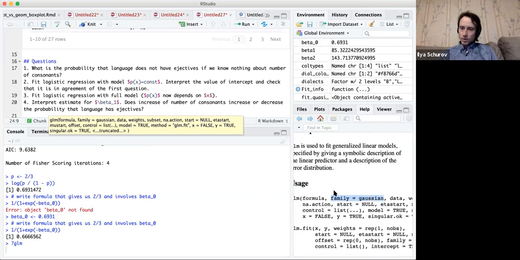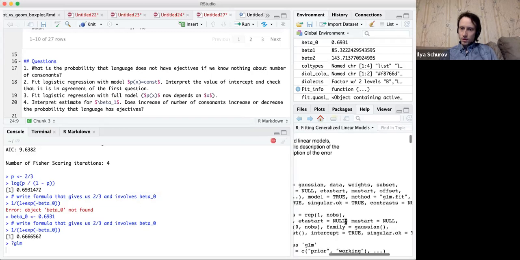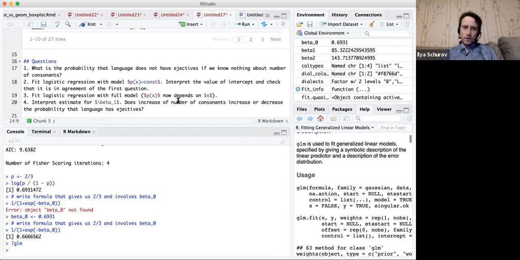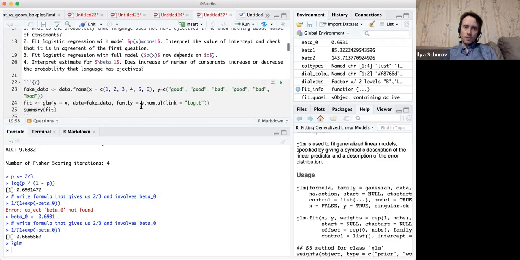Probably not. Probably here family is Gaussian by default, so it will not work here. Anyway, this specification is correct. Family binomial, link logit.